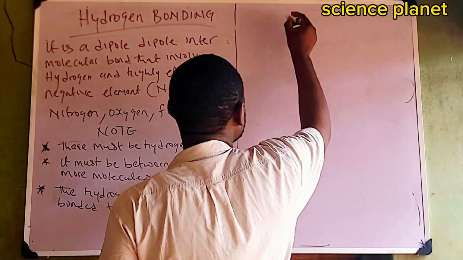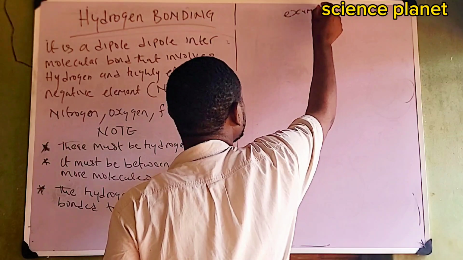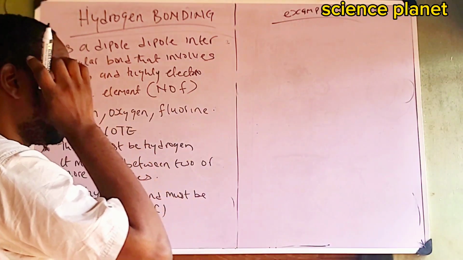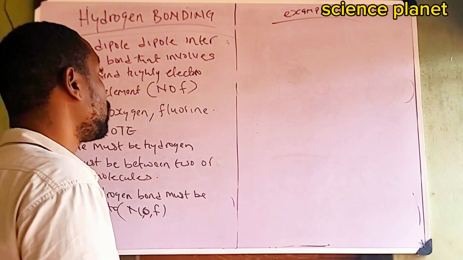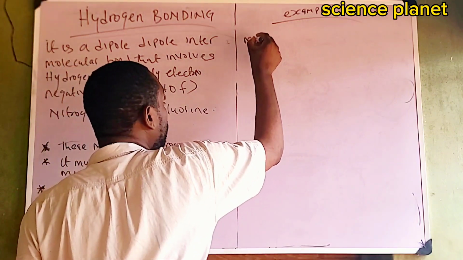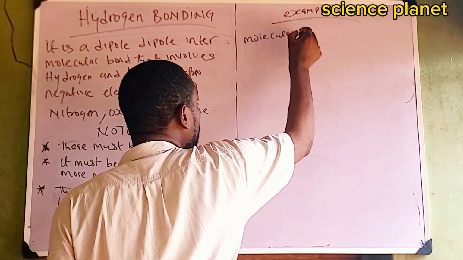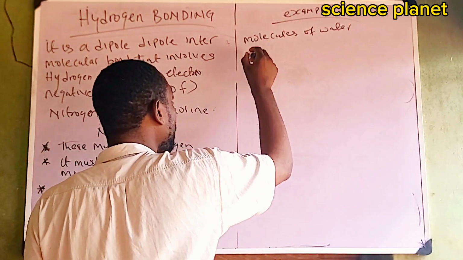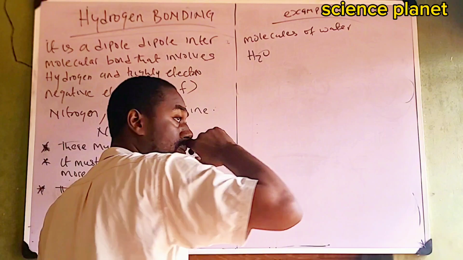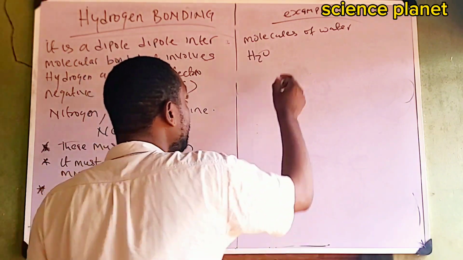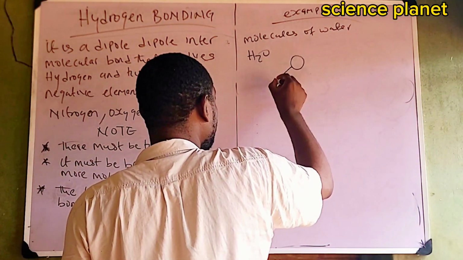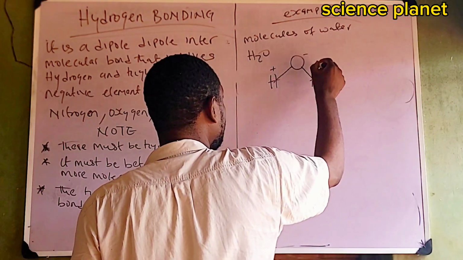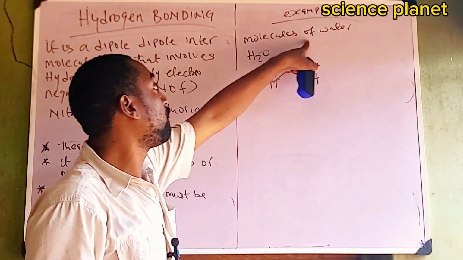The first example here, let's go to molecule of water. We have H2O. So a single H2O is a molecule of water.